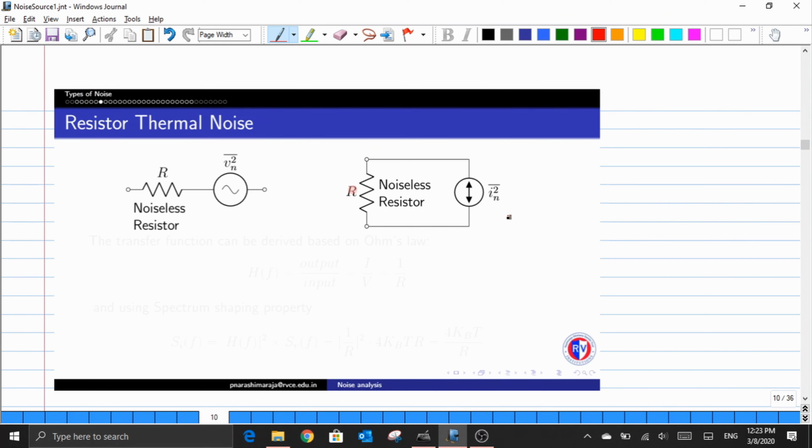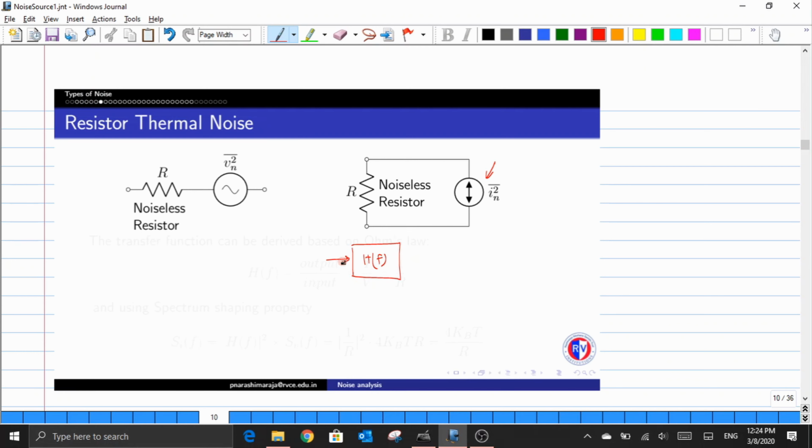The only thing we are being asked to compute is the power spectral density of this noise current source. In order to compute this, we have a system and we need to compute the transfer function of this particular system, right?